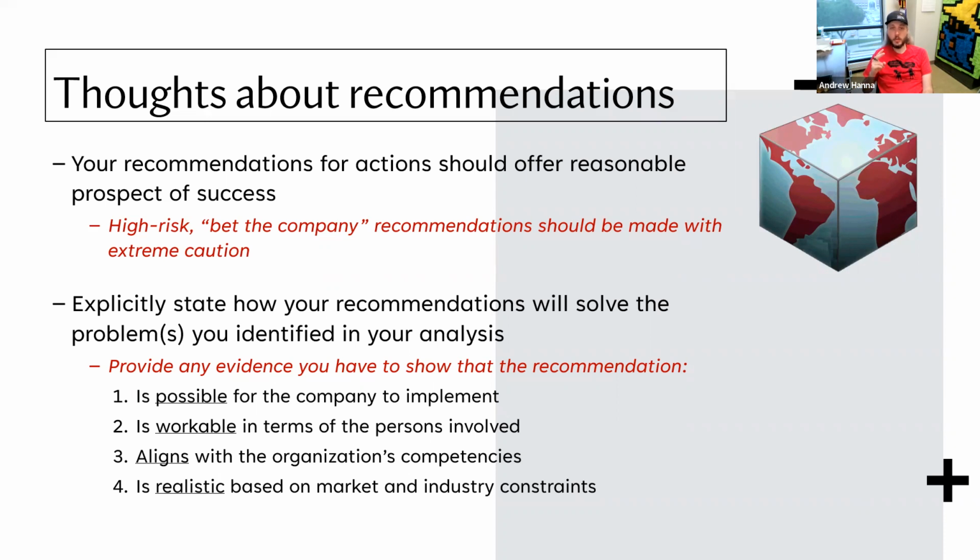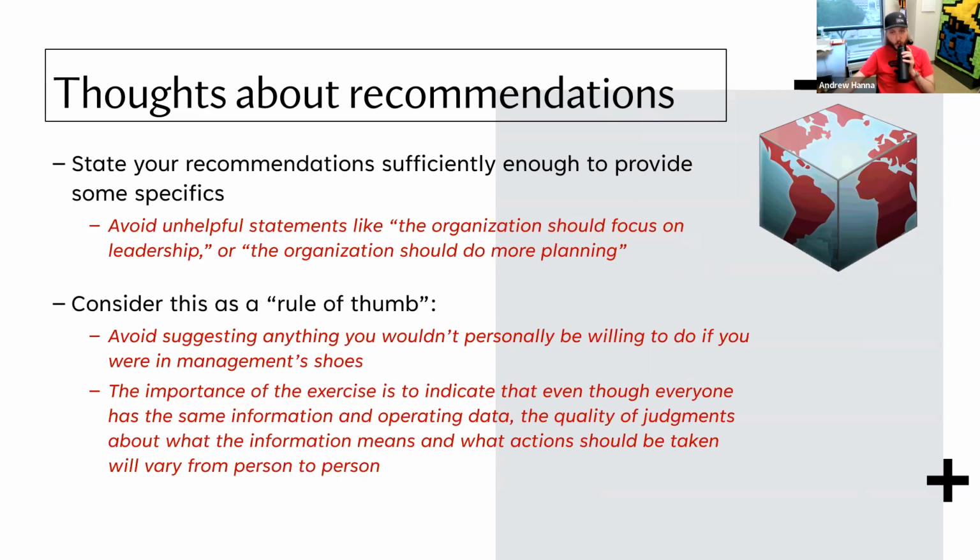It's going to be workable in terms of the things they already have. It will align with those competencies, or their competitive advantage potentially. And it needs to be a realistic option based off of those market and industry constraints that you talk about in your analysis.